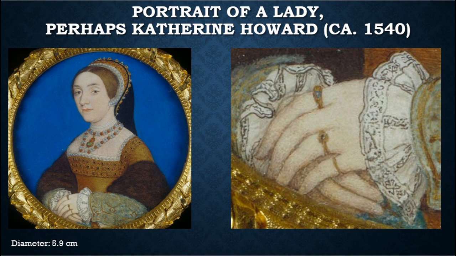And so if she was the 4 of diamonds, the 4th wife of Henry VIII, diamonds being wealth, Henry VIII was very wealthy because at this time he had pretty much obliterated the Catholic Church within England, had closed down the monasteries, took all of the money, profited from it, and so he is a very rich man. She is the 4th wife, so the 4 of diamonds. Personally, I think there is conclusive evidence that this might be Anne of Cleves. However, the museum still has it listed as perhaps Catherine Howard.